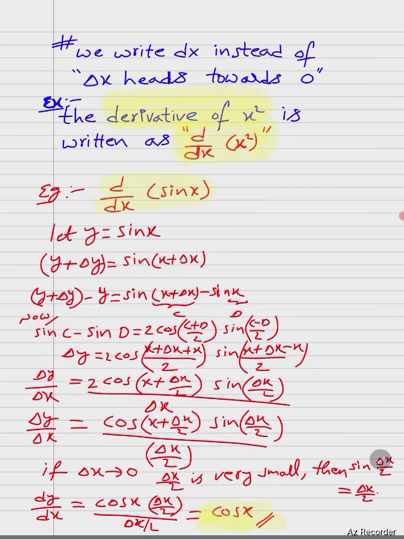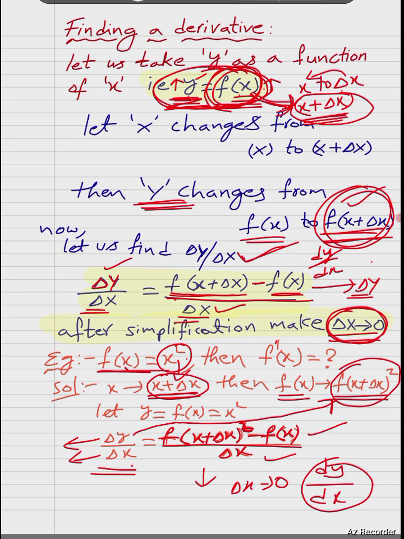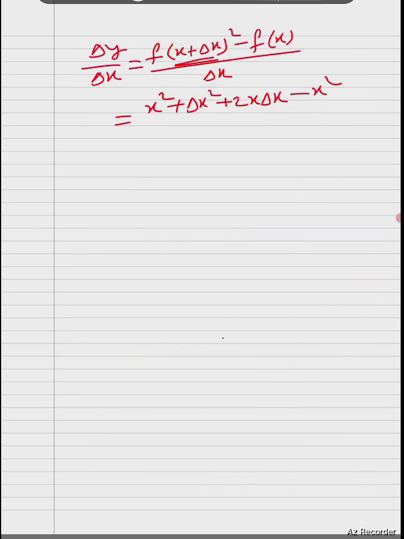So let us expand this one. So this becomes x plus delta x whole square, that is x square plus delta x whole square plus 2x delta x, because it is in the form a plus b whole square. I have expanded this one. Minus what is f of x? Here f of x we are given that x square. Substitute over here x square upon delta x.